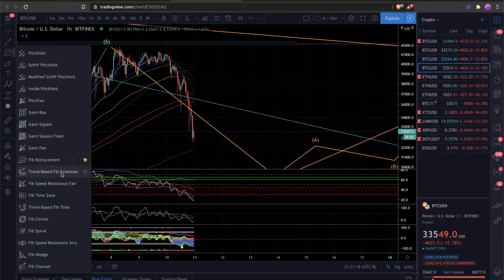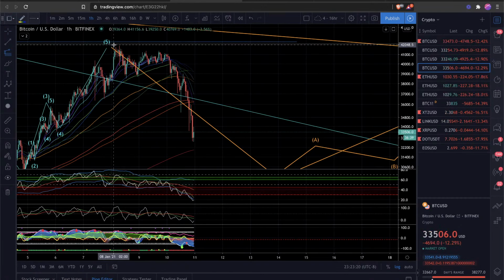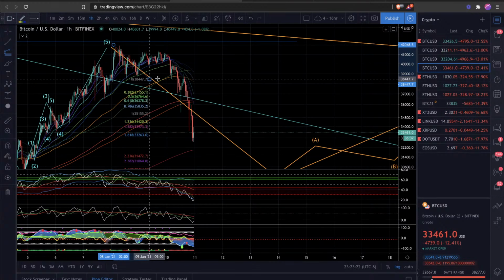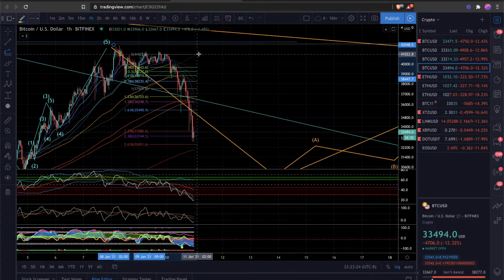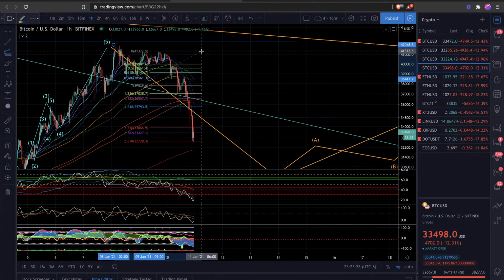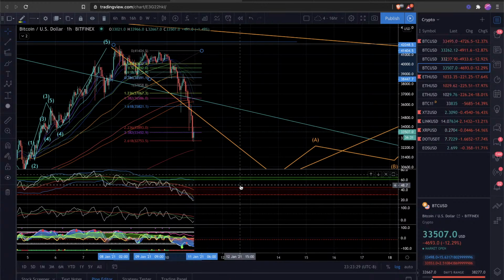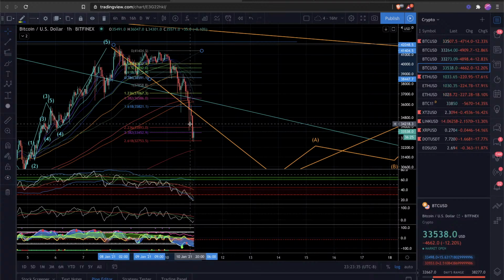What I would like to look at first is, let me snug that up. You can see that we did bounce right here off of the 2.618, if this is going to be like an extended C wave.